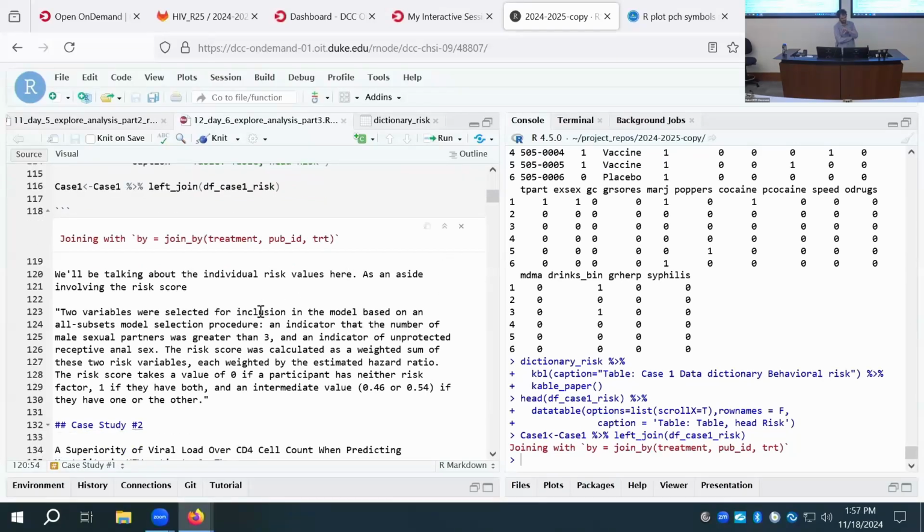So for inclusion of the risk, it was an indicator if the number of male sexual partners was greater than 3, and an indicator of unprotected receptive anal sex. The risk score was calculated as a weighted sum of these 2 risk variables, each weighted by an estimated hazard ratio. The risk score takes a value of 0 if a participant had neither risk factor, 1 if they had both, and an intermediate value, 0.46 or 0.54, if they have one or the other.